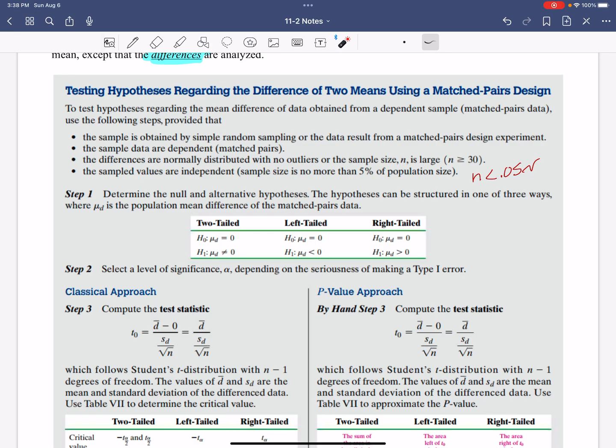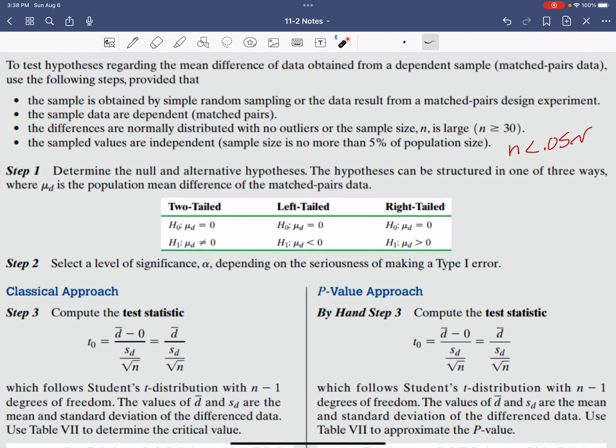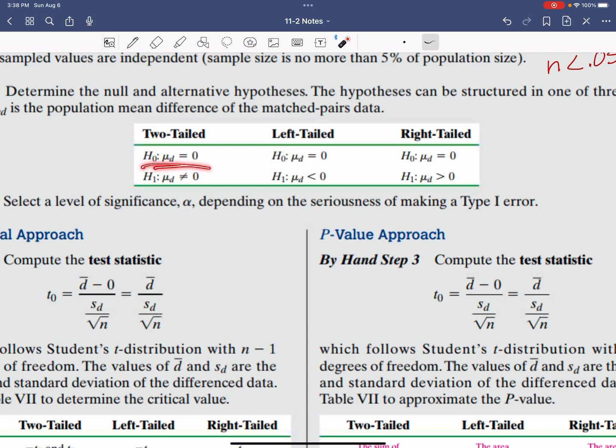Let me scoot this down just a little. We're talking about these differences. Because we're talking about the difference, our null hypothesis is always going to be 0. Let's think about this for a second. What does it mean if I have no difference? That's a 0.